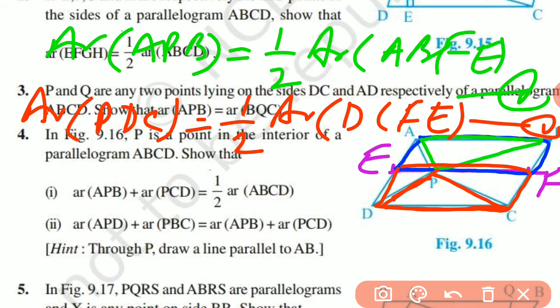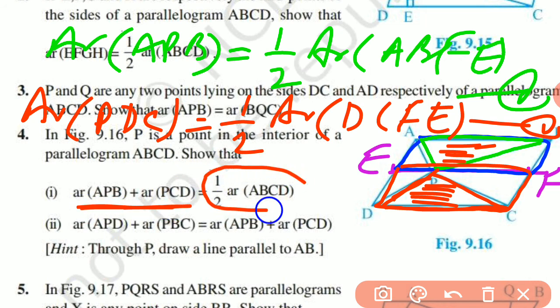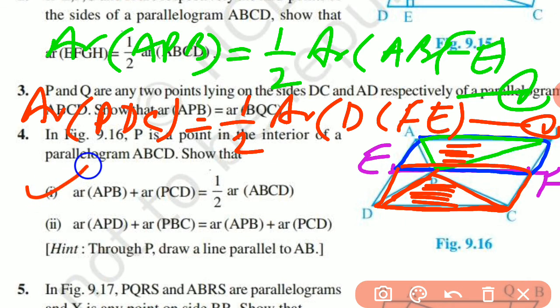When we add 1 and 2, we will get this part and these parts. This is the left hand side, and the right hand side is ABCD. When we add the right hand sides, we will get the whole parallelogram. So adding 1 and 2, we will get the first result.